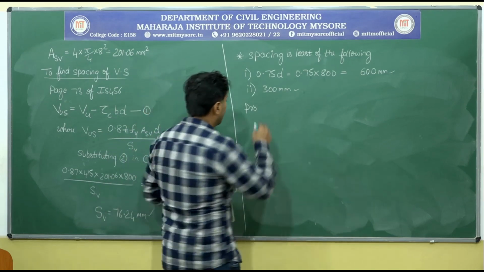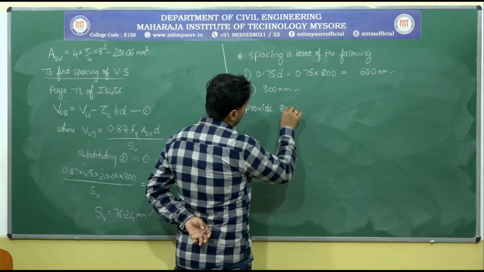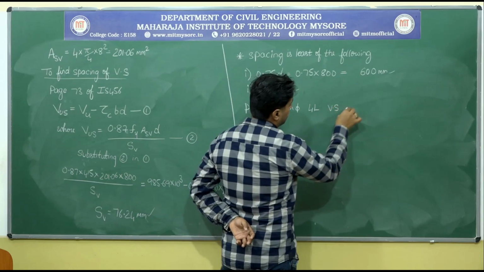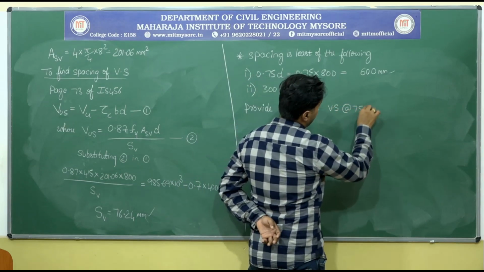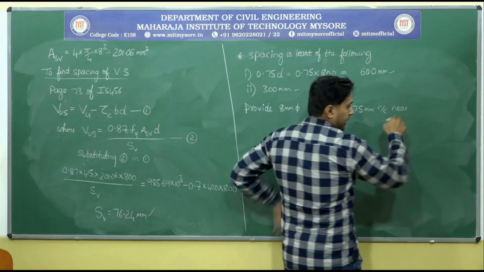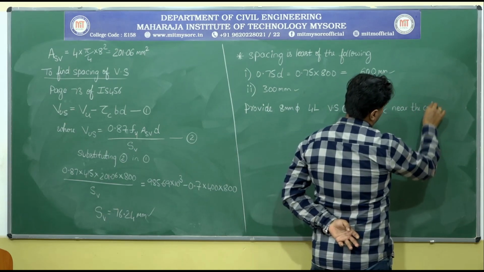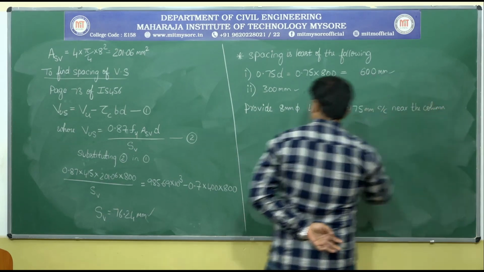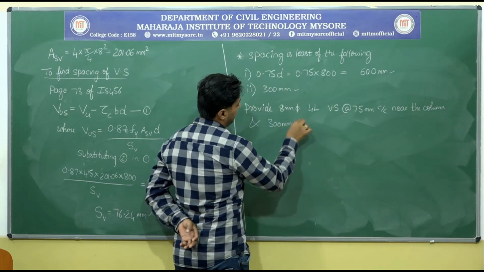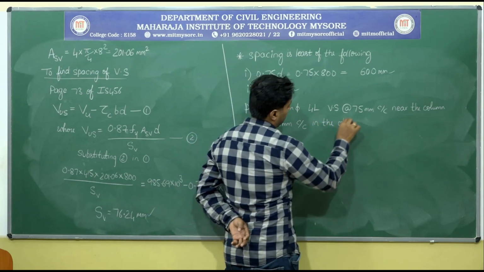So that's why I will provide 8 mm dia, 4-legged vertical stirrups at 75 mm center to center near the column, where the 2 columns punch, and 300 mm center to center in the other portion.